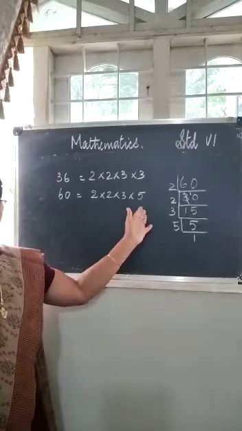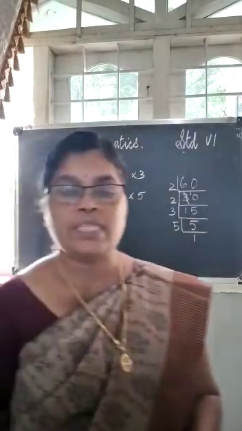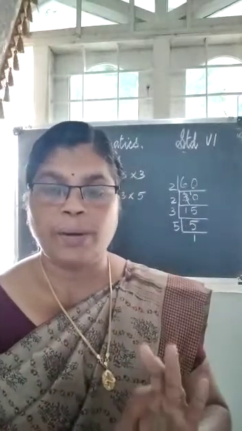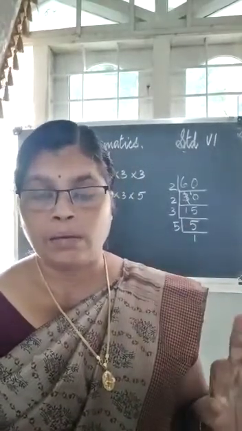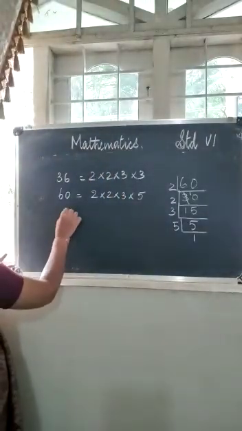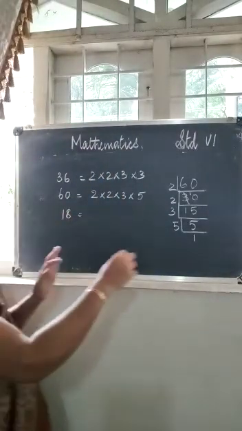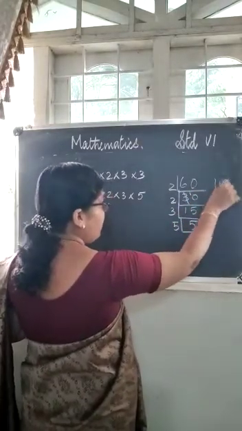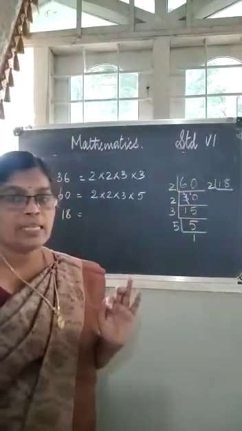Did you understand? So, if there is a question, which number is not included in the prime factorization of a number? Suppose the number 18. We can do the prime factorization of 18. 18 can be divided by 2.